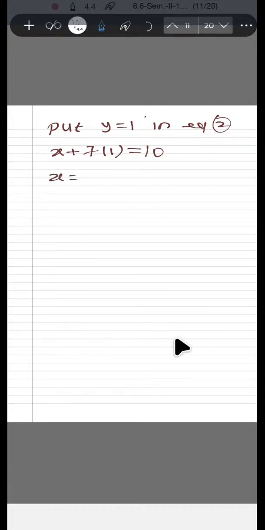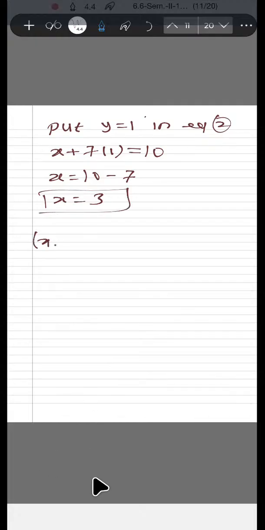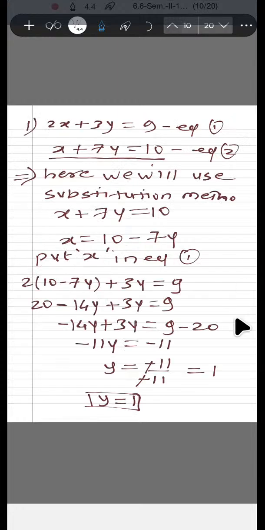So x is equal to 10 minus 7, which is 3. So we have found the values: x is 3, y is 1. This is how you have to solve simultaneous equations. See what we have done here. I am going to revise.